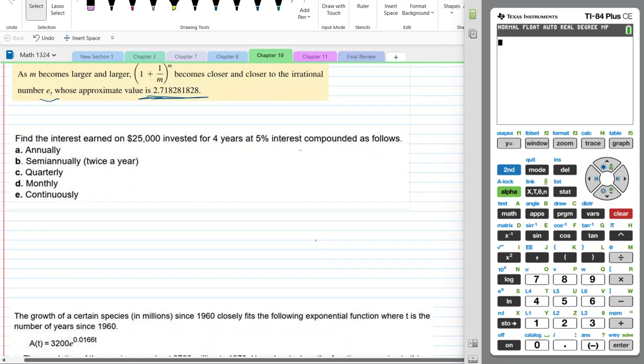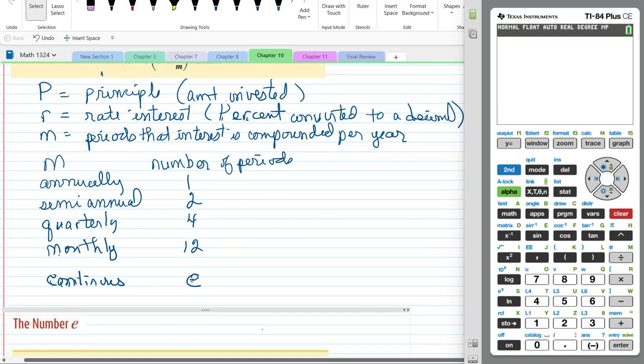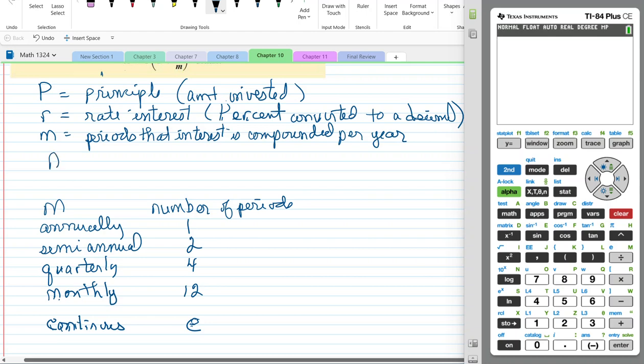All right. So our formula. Oh, and I forgot to mention A. I am sorry. A, going back, I apologize. A is known as the future value.